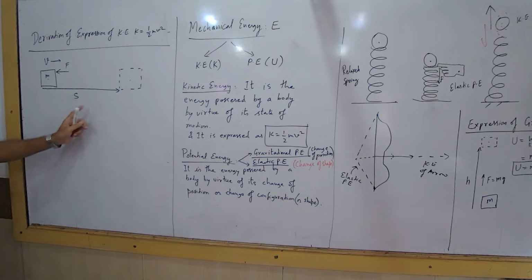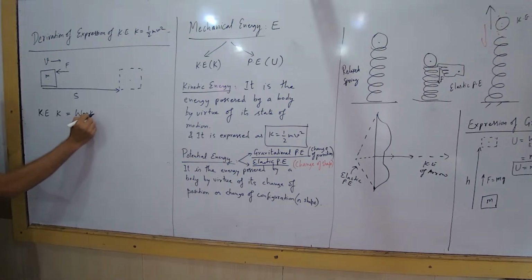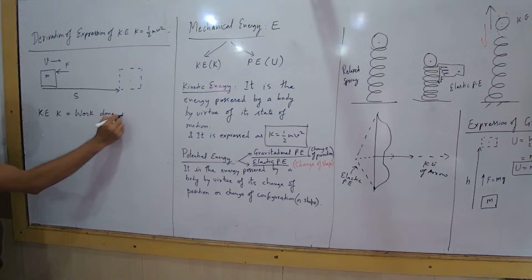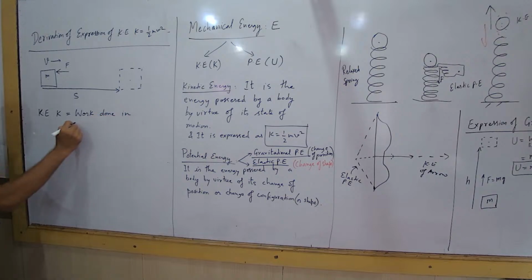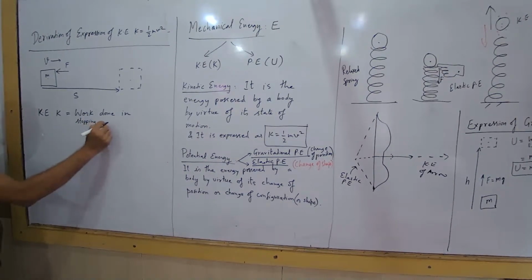Clear? So therefore kinetic energy K is equal to the work done in stopping a moving body.